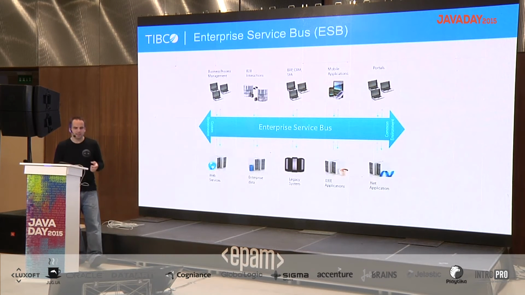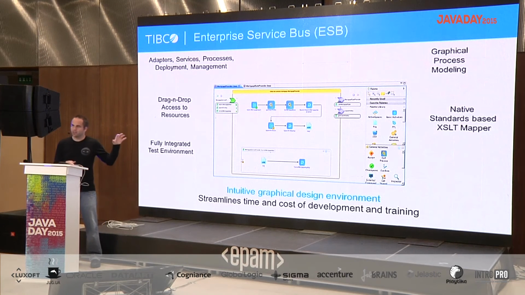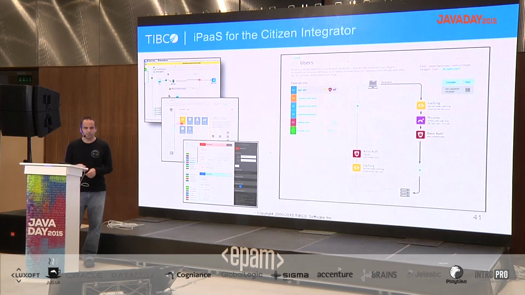So let's take a short look at the different examples. The enterprise service bus is really used often for the complex integration products and projects. And here you have an IDE, usually based on Eclipse or something like this. Here you do drag and drop and all that stuff, and really code it in the drag and drop solution. iPaaS for the citizen integrator is very similar, but it's in the web.